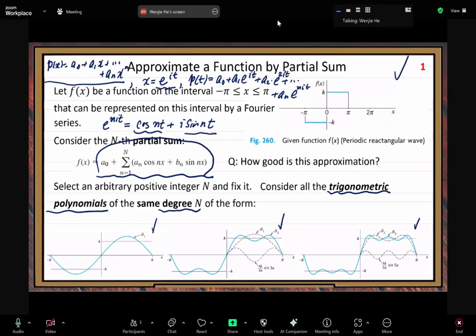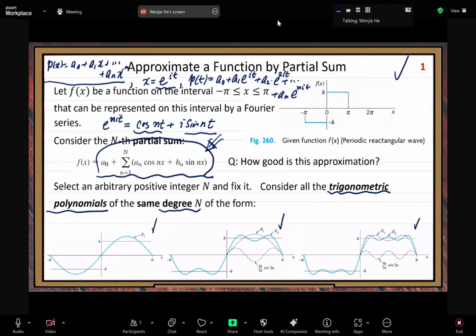If you write it out, although not exactly the same, there is a lot of similarity. That's why mathematicians make this terminology, trigonometric polynomials. Some connection.